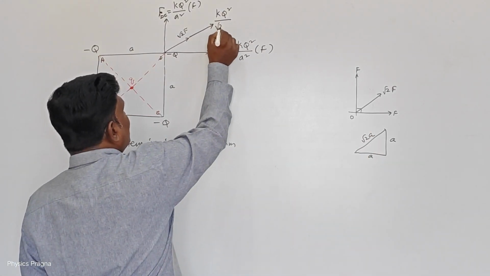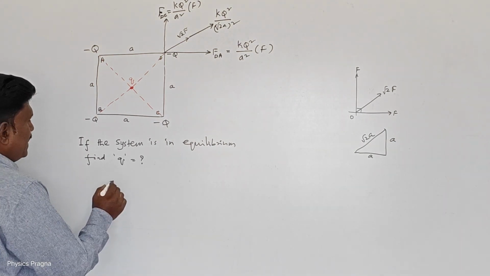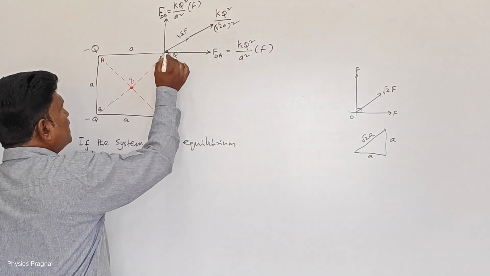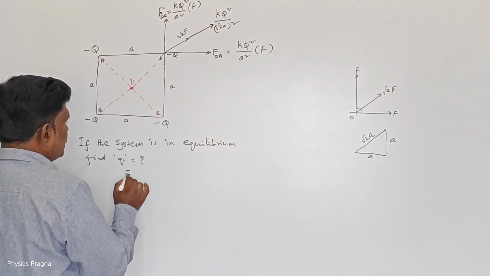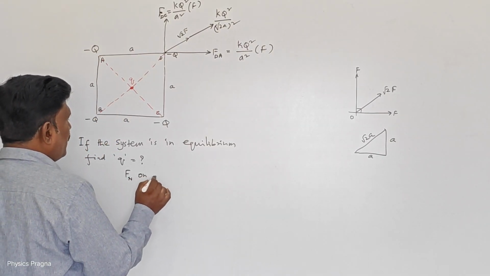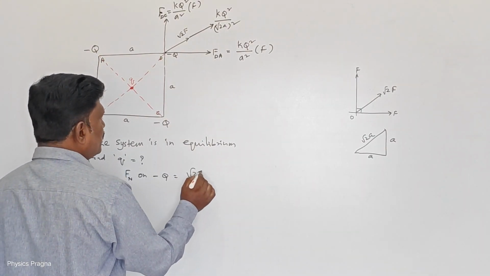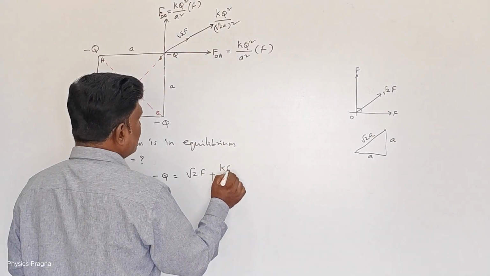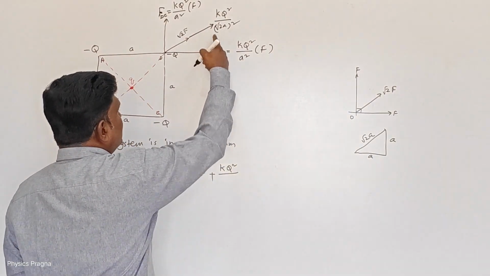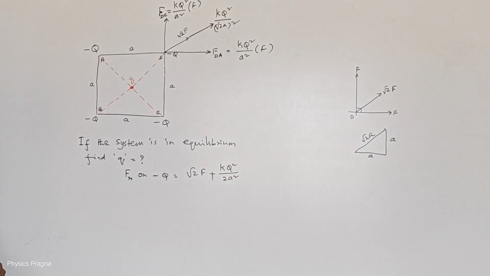So this is root 2a whole square. So the net force on minus Q is equal to root 2 F plus K Q square by 2a square.